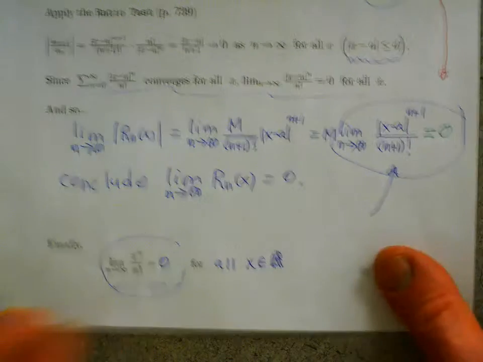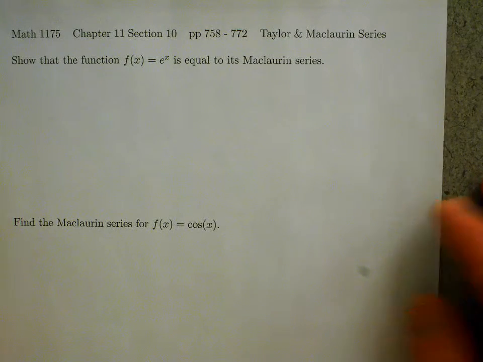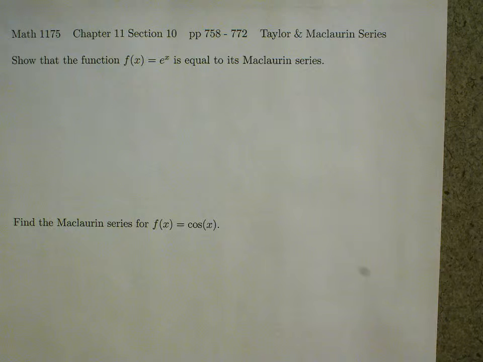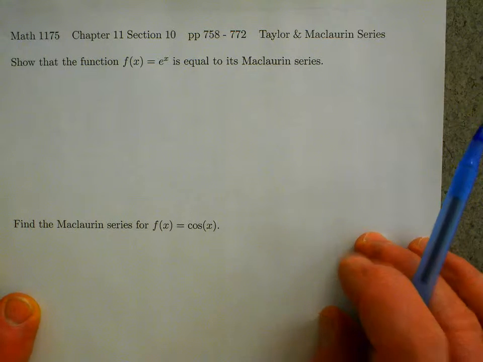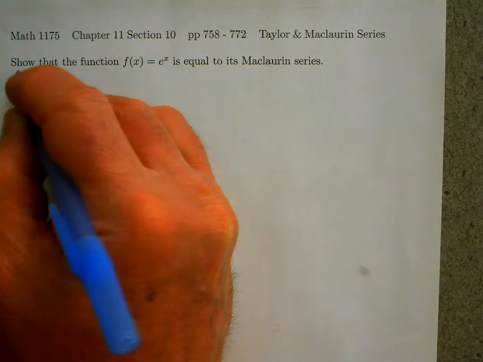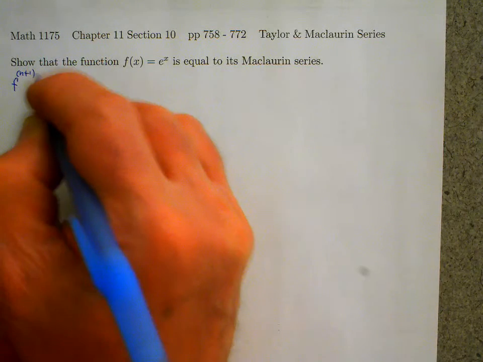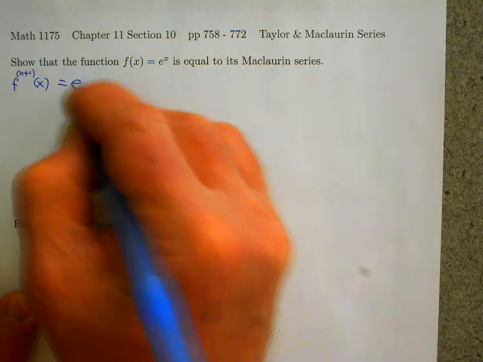Okay, let's move on. Show that the function f of x equals e to the x is equal to its Maclaurin series. Okay, so the n plus first derivative of f of x is equal to e to the x.